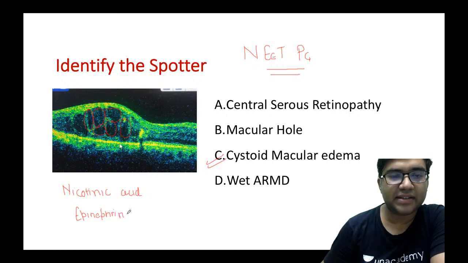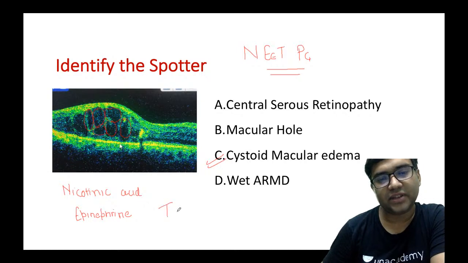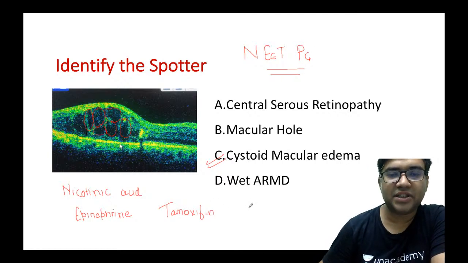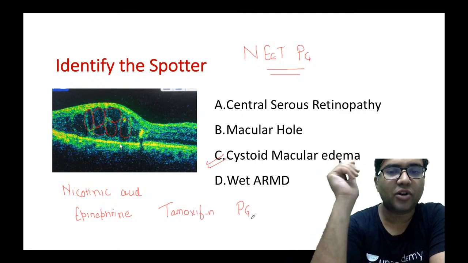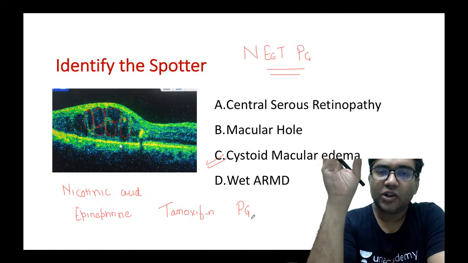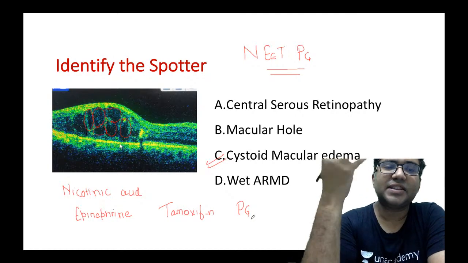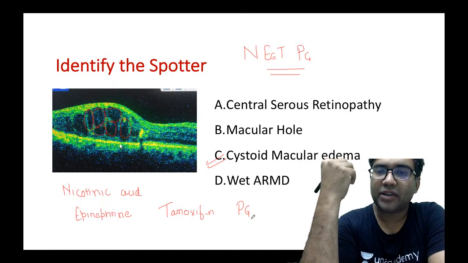So double E is consumed here. What is T here? T is tamoxifen. What is PG here? PG is PG analogs, which we use in the treatment of glaucoma. So these are the important drugs which can cause a cystoid macular edema.